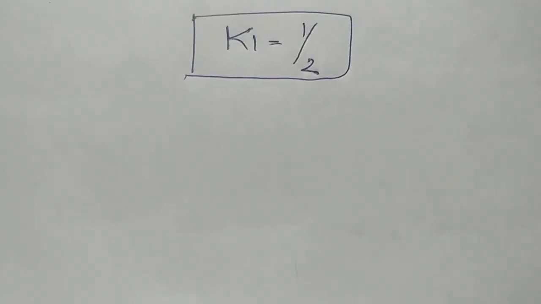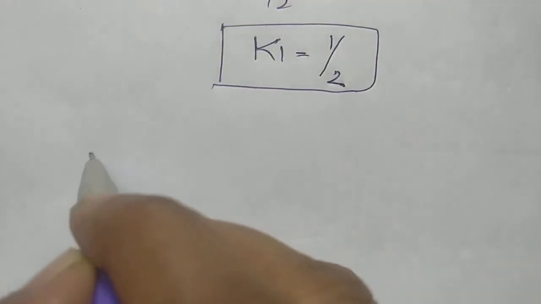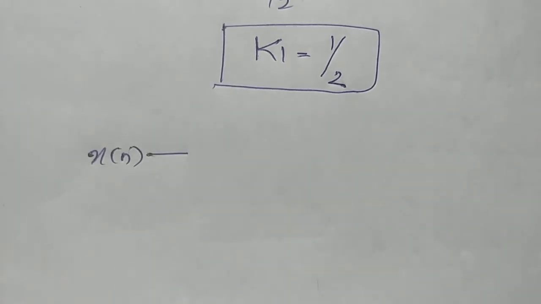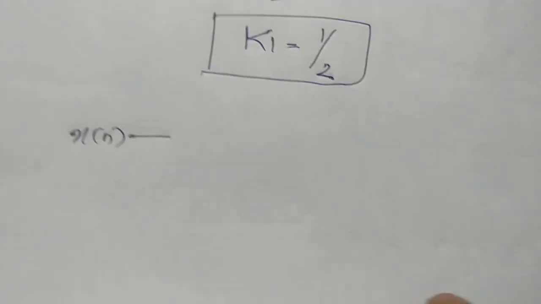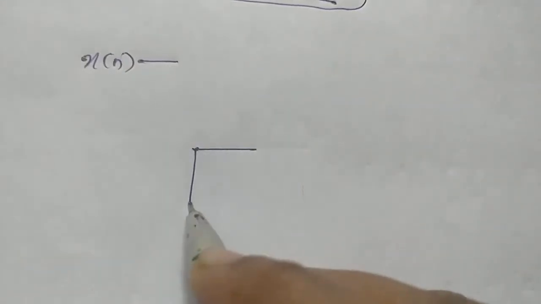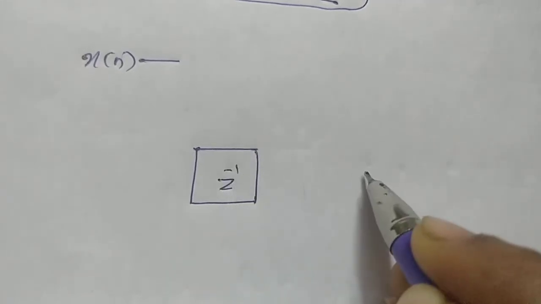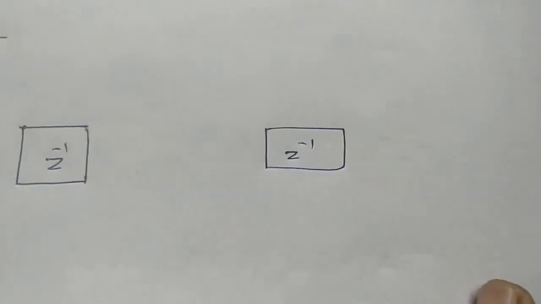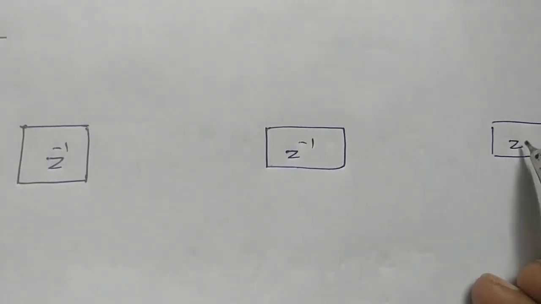For the lattice diagram, first x of n is there and output y of n is also there. Here it is a third order system. First you draw the 3 delay terms, z inverse, z inverse, and then z inverse.